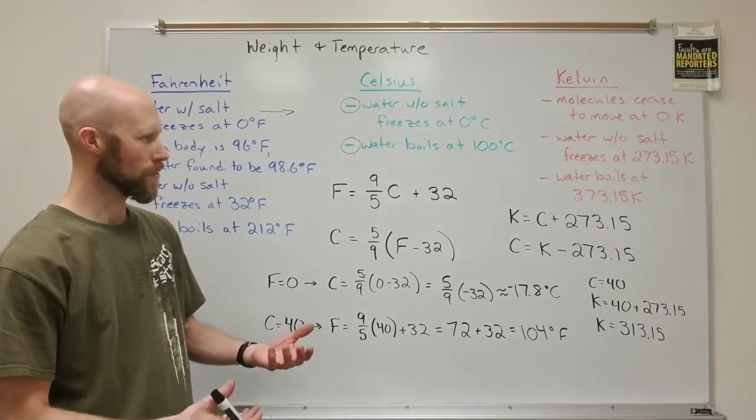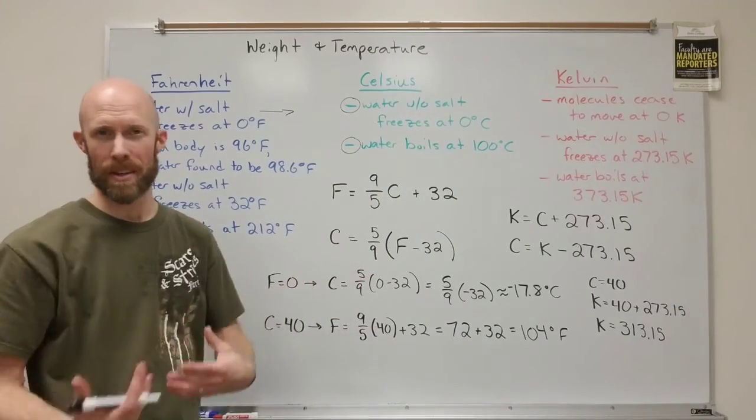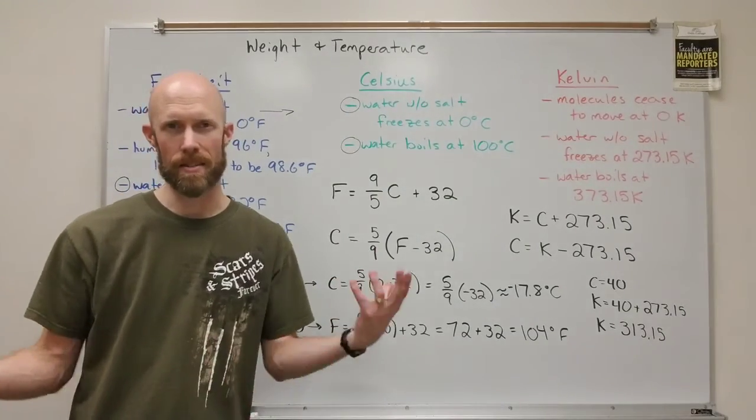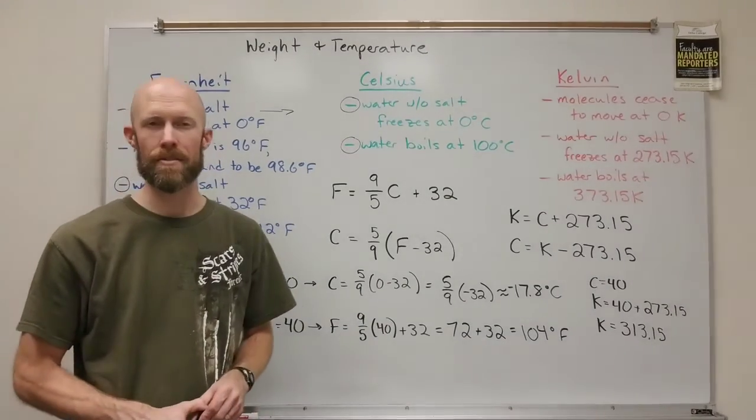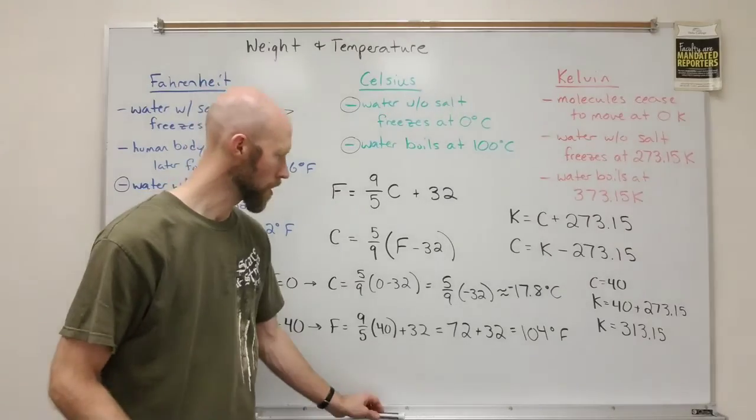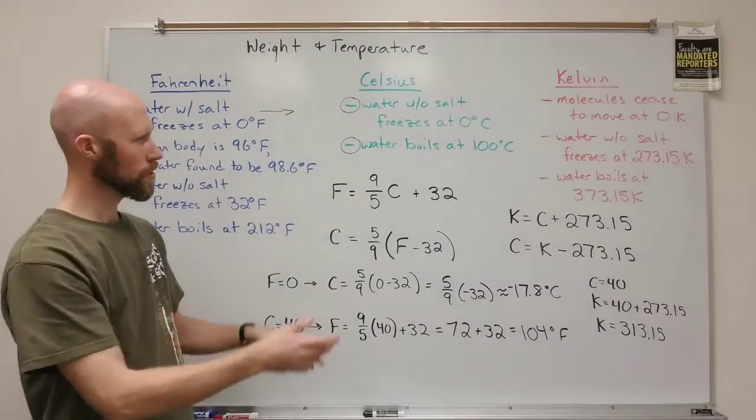And so if you had the Kelvin temperature, you want to find the Celsius, you subtract instead of add. But the same value, 273.15 on those. Okay, so just kind of a cool conversion.